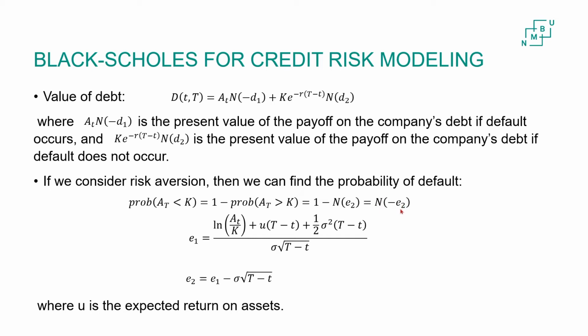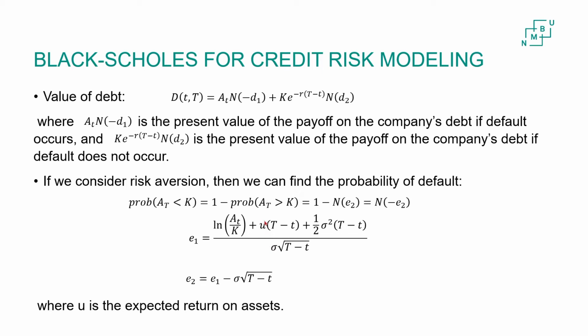And what is the difference between E and D, the risk neutral probabilities and the risky probabilities? It's just the drift term.